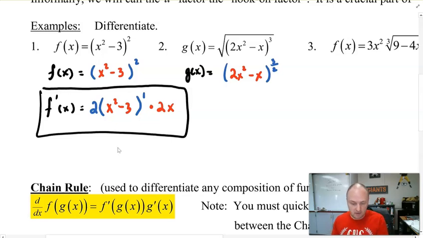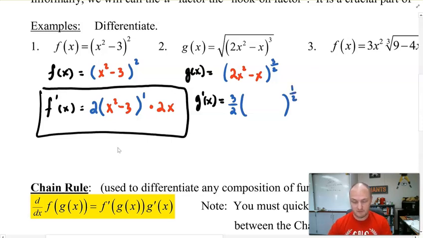Now I can apply the power rule. So g prime of x is equal to 3 halves, and then I drop my power by 1. 3 halves minus 1, which is 2 over 2, gives me a positive 1 half.